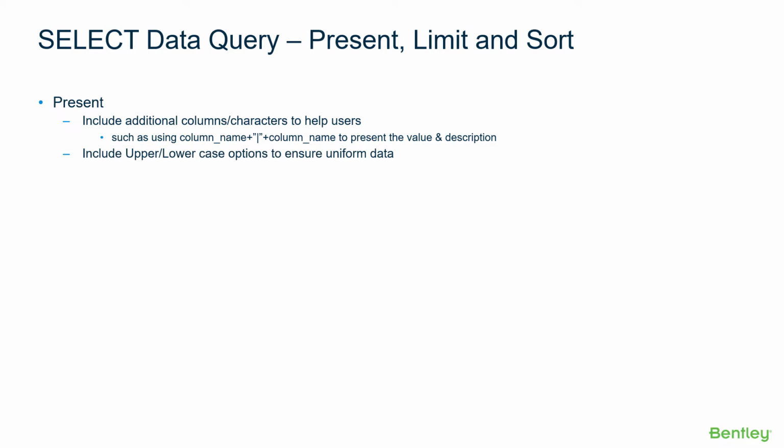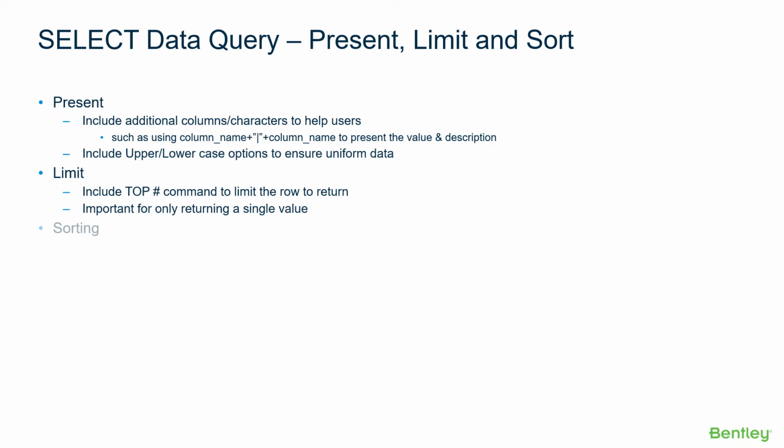We can also include upper or lowercase options to ensure the data is uniform for every entry. The limit option, we can include a top and then a number command to limit the rows to return. This is important for only returning a single value, such as for the default value. We can include a sorting, the keyword order by, to order the data.